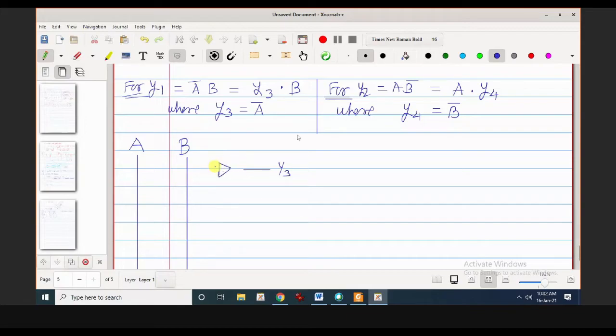For complementing, I'll be using the AND gate. Not, sorry, not the AND gate, the OR gate. I'm sorry. So it is Y3.